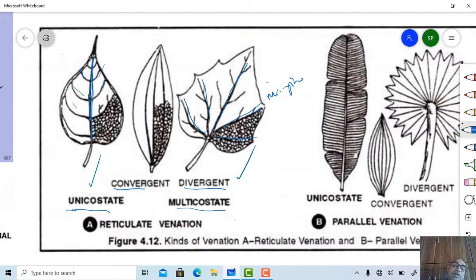When more principal veins, or midrib-like structures, are present and they meet at the end, at the apex of the leaf, then this one is called a convergent multicostate reticulate venation.